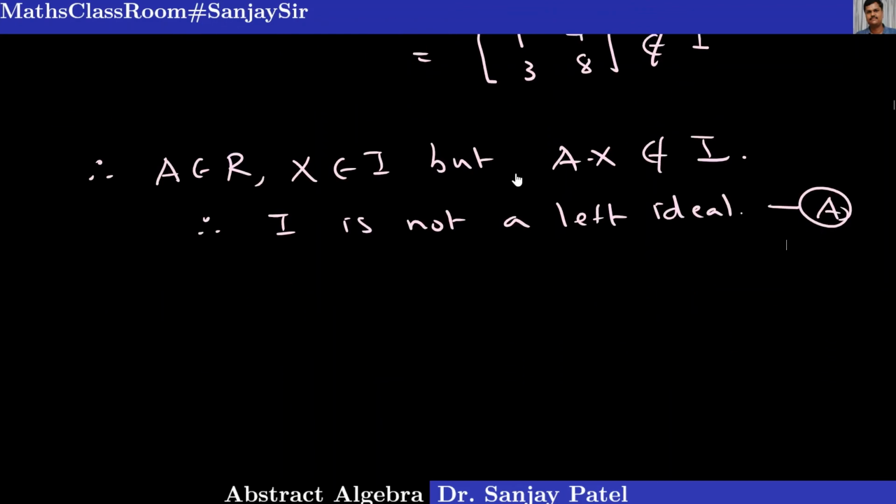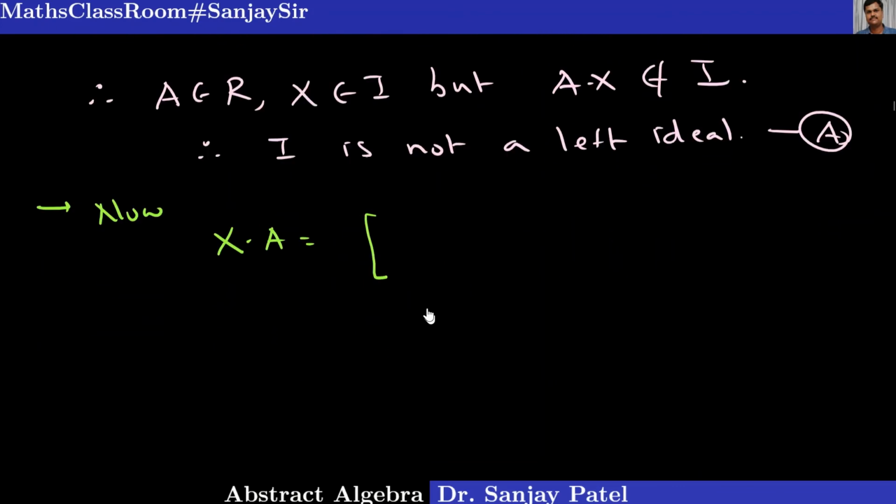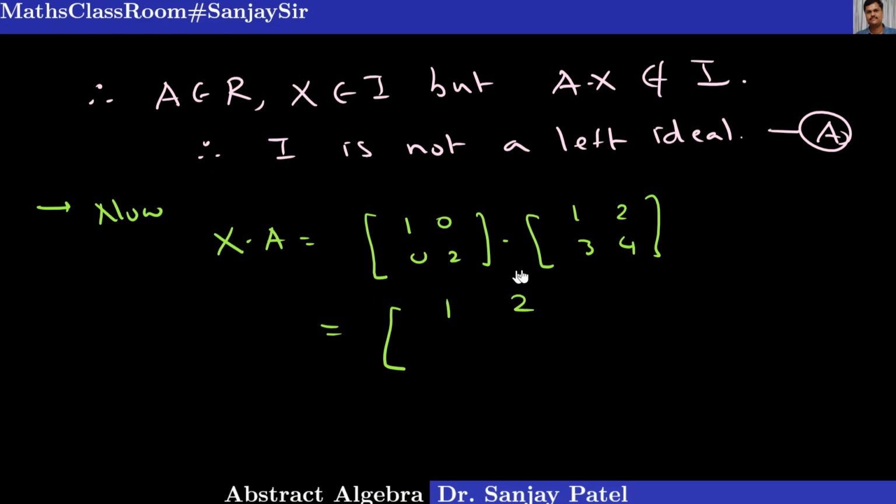Now I will show that it is also not a right ideal. So what I should do is consider, say, X into A. I will be taking the same X, the element of the ring which I have taken as [1, 0; 0, 2], and A is [1, 2; 3, 4]. If you multiply these two, what you will get is 1 into 1 plus 0 into 3, 1 into 2, then 2 into 3 is 6, and 2 into 4 is 8.